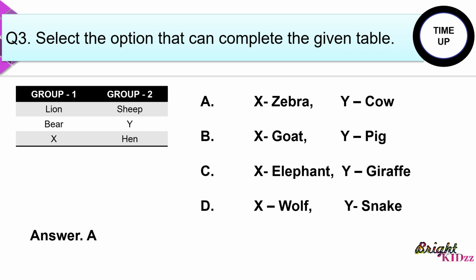Answer is A. X is zebra and Y is cow, because we see in group 1 wild animals are present and in group 2 domestic animals. So A, X is zebra and Y is cow. A is the correct answer.